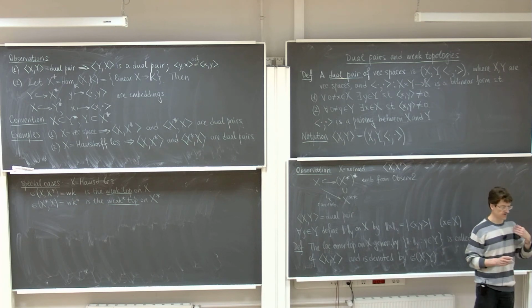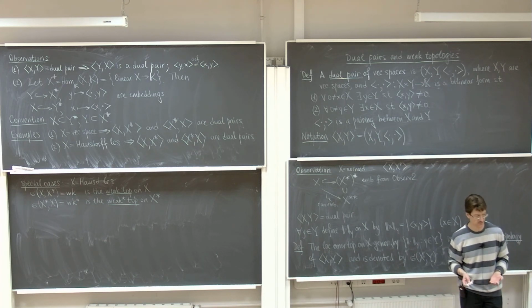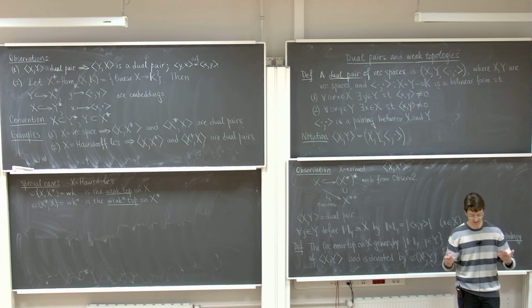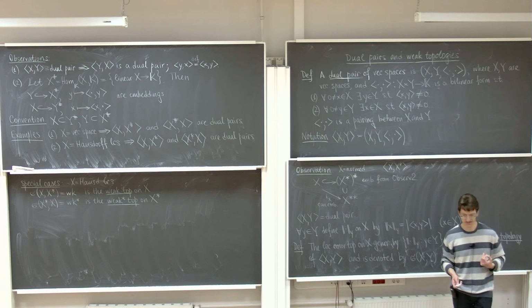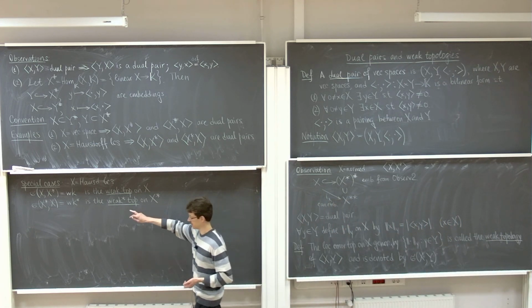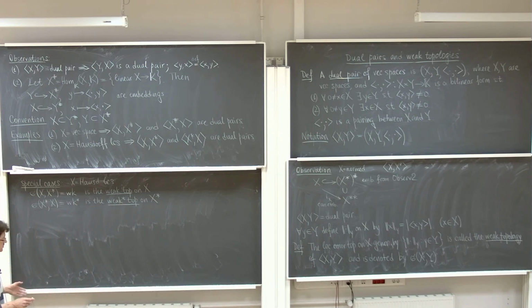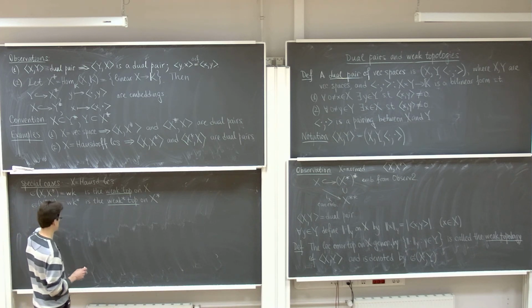Because if X is a normed space, then X star is also a normed space. So X star has the weak topology generated by X double star, which is in general different from this one. This is the reason why we call it the weak star topology. Well, in a few minutes we'll discuss the relation between these three topologies in the case where X is a normed space.